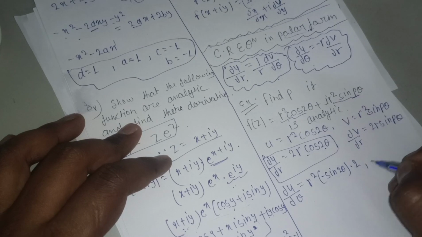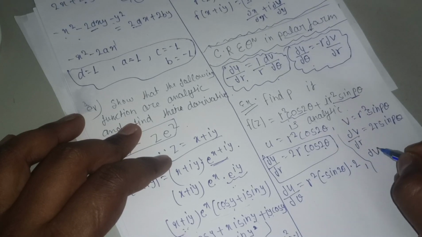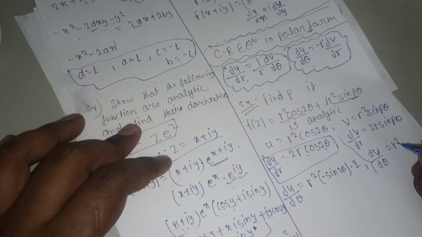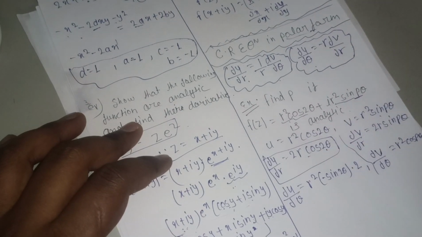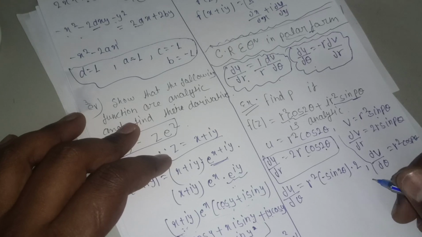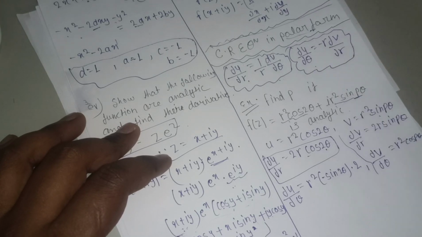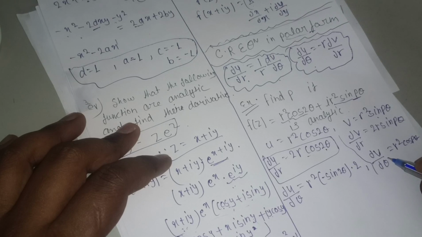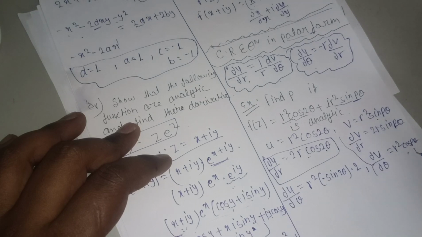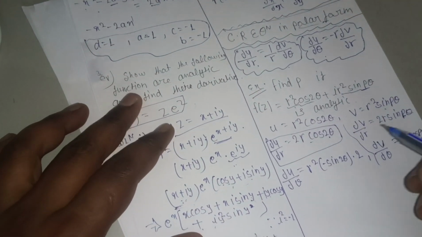And now del v by del theta is r square as it is, cos p theta. Remember, here is p theta. Now p theta will be differentiated with respect to theta, then here will be p again. Okay, yeah, so this is all.